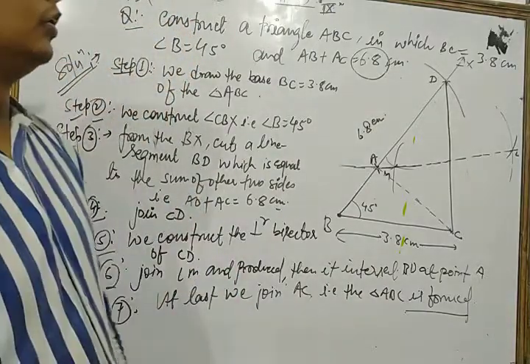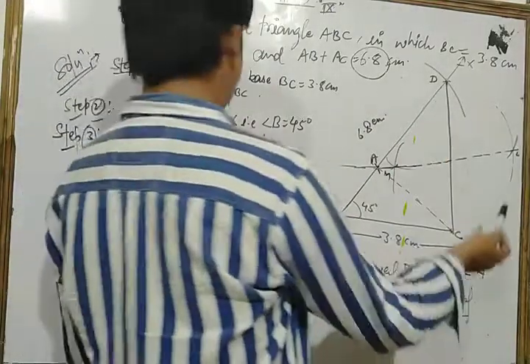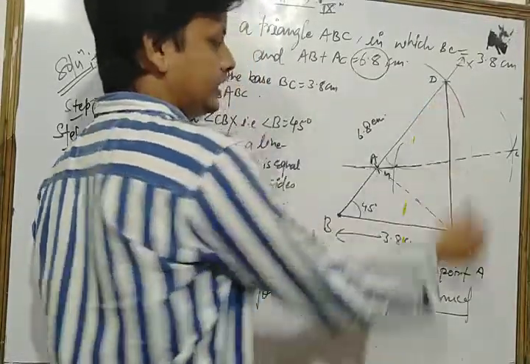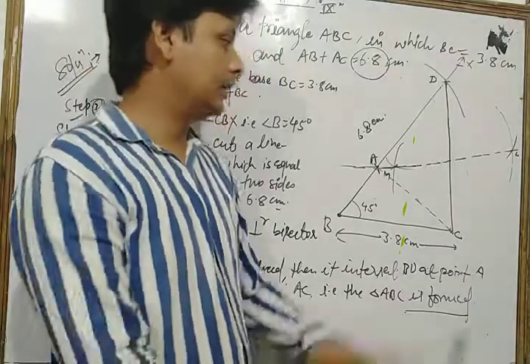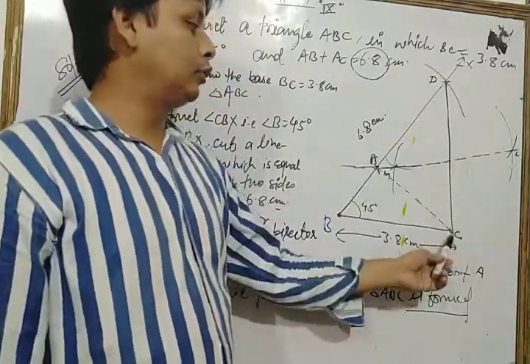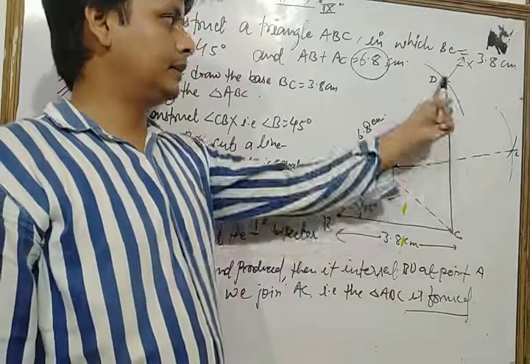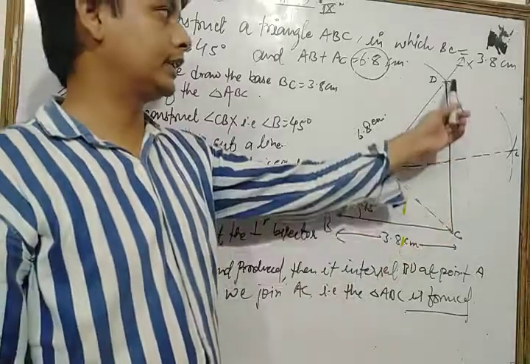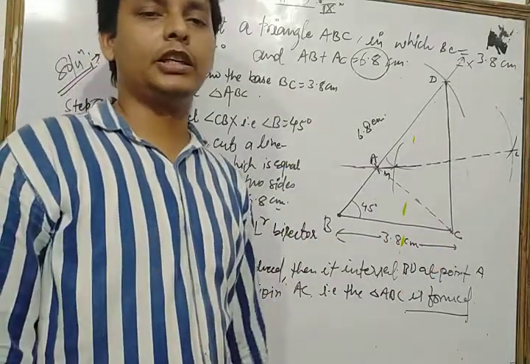Okay. Now in next step we join CD. Now after that, we construct the perpendicular bisector of the line segment CD. You know that very well.